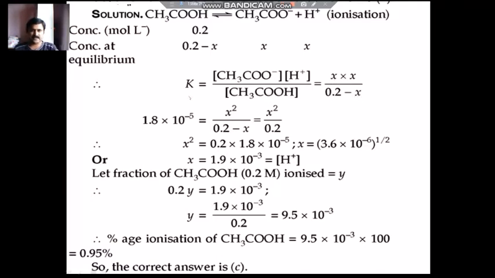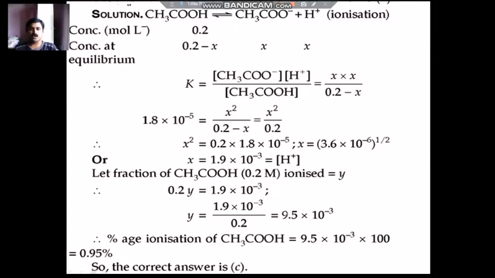And they have given the ionization constant value of acetic acid as 1.8 into 10 to the power of minus 5. Upon simplification, the X value we got is 1.9 into 10 to the power of minus 3, which is the concentration of H plus ion in this equation. So let the fraction of the 0.2 molar acetic acid ionized be y. Then 0.2 into y is equal to this H plus ion concentration obtained.